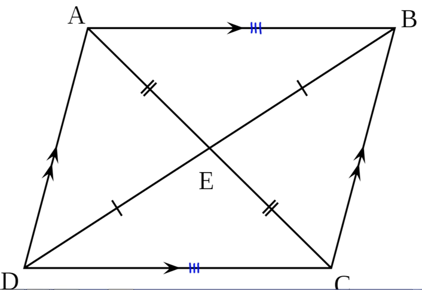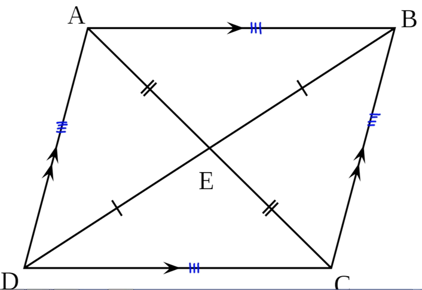So we've already got one tick mark and two tick marks, so I'm going to use three tick marks to denote that AB and CD or DC are congruent to each other. So that also means that AD, I'm going to use 4, and BC are congruent.